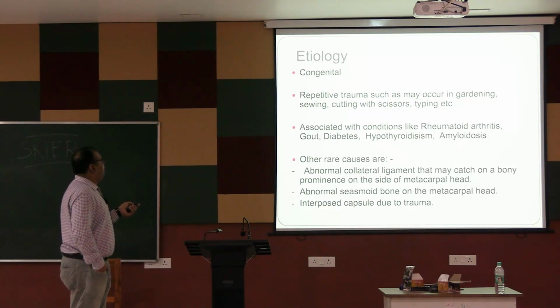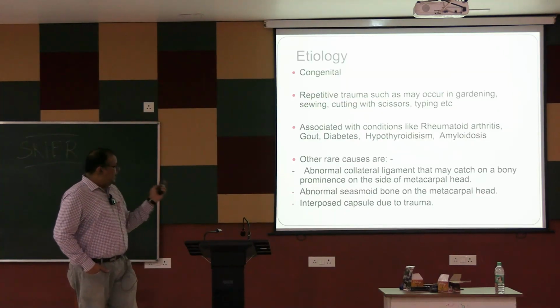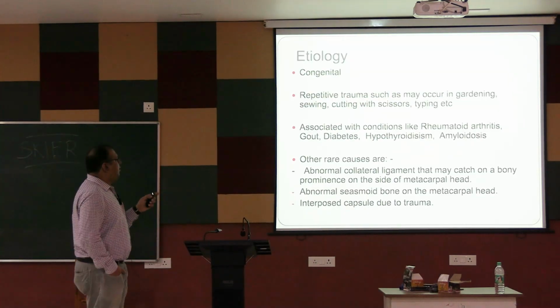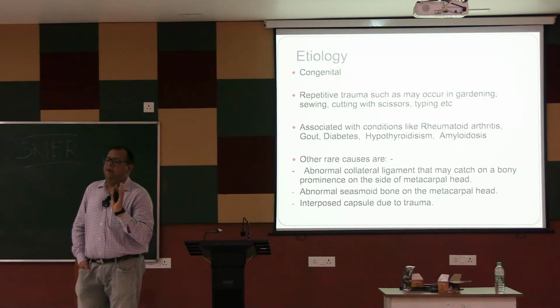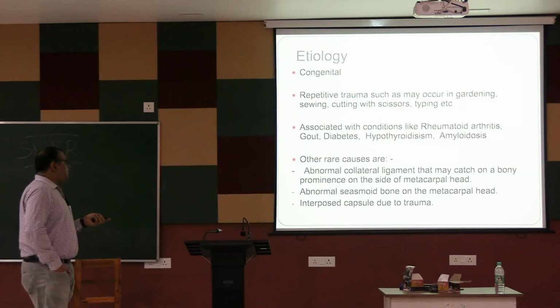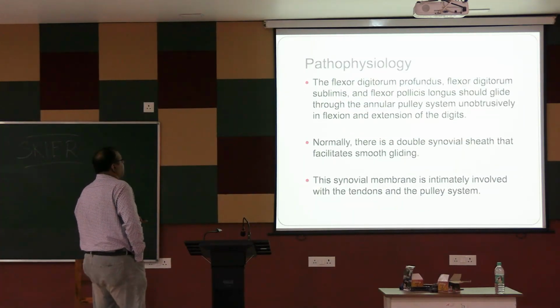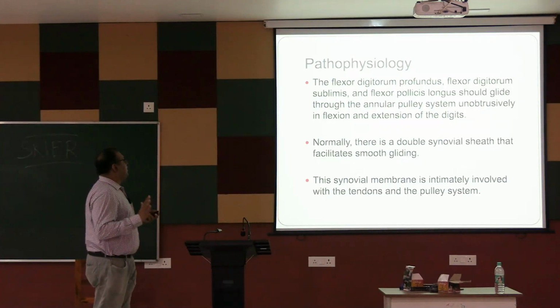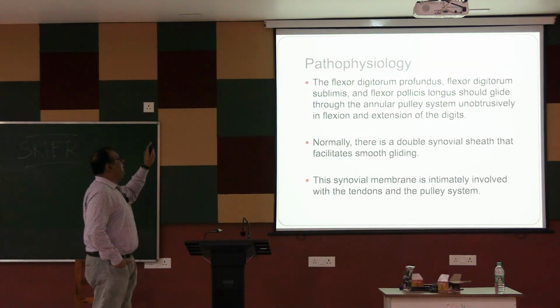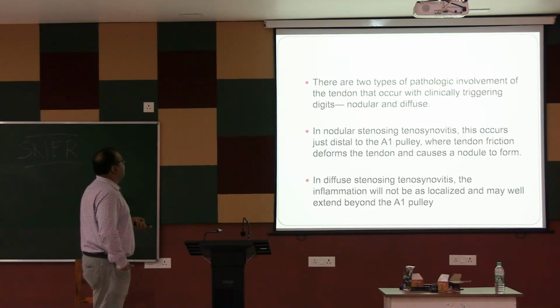Congenital and repetitive trauma as well as diabetes you need to remember, hypothyroidism, amyloidosis, rheumatoid arthritis and gout. Patients with these diseases have trigger finger more than other patients. So basically the flexor tendon gets caught in the A1 pulley. Don't need to know so many names.